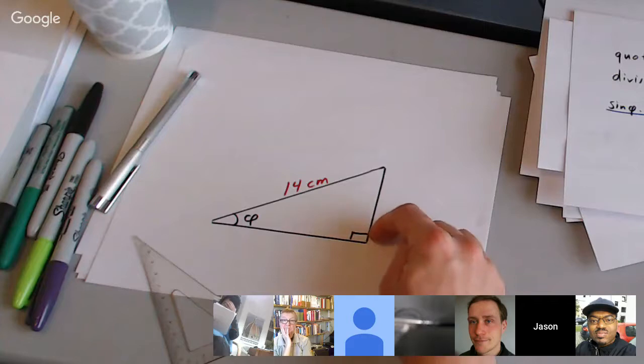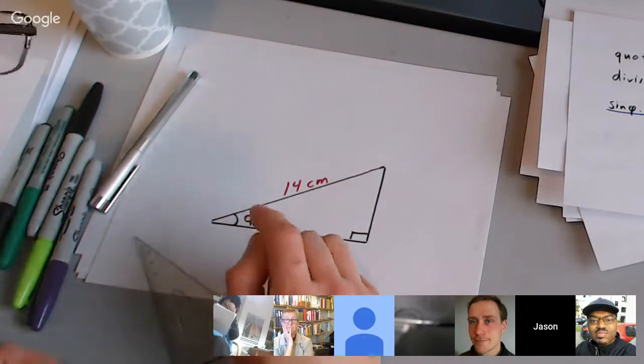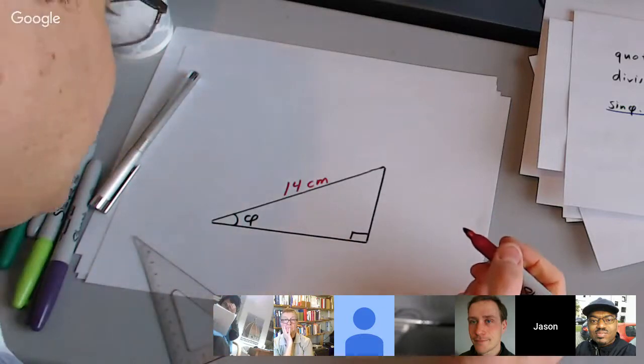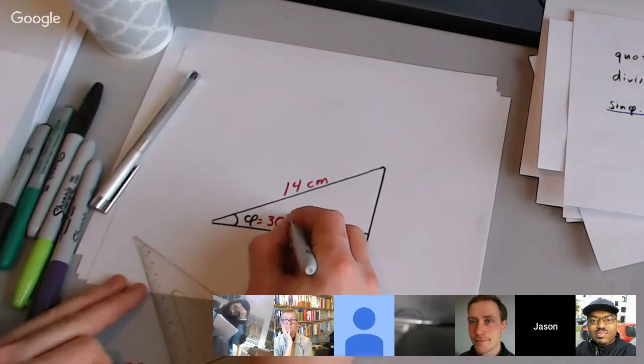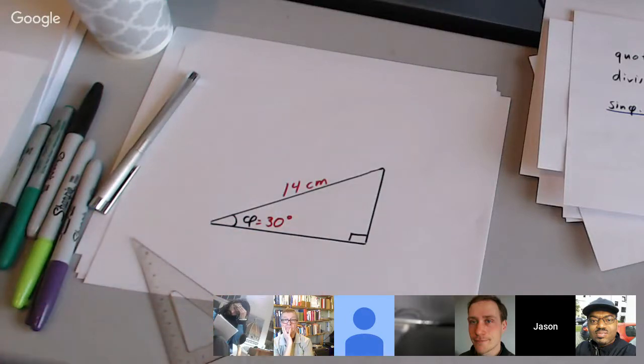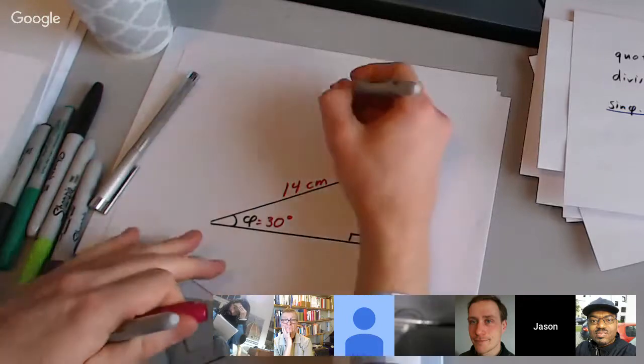This height right here, we couldn't really just say it's the sine of... also let's say that phi is 30 degrees. Here's the thing about what the sine of an angle is.